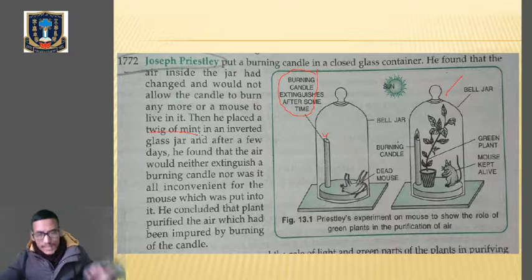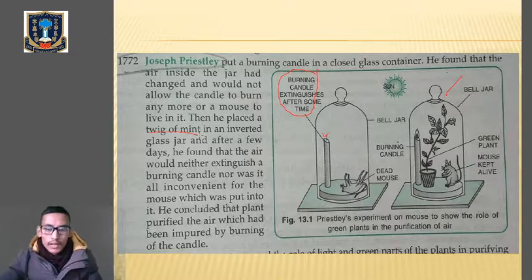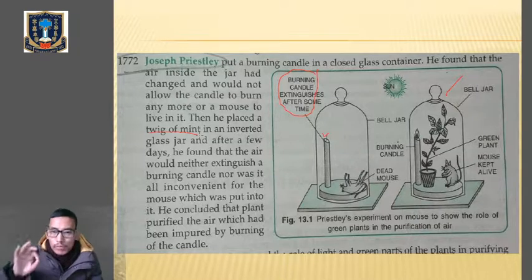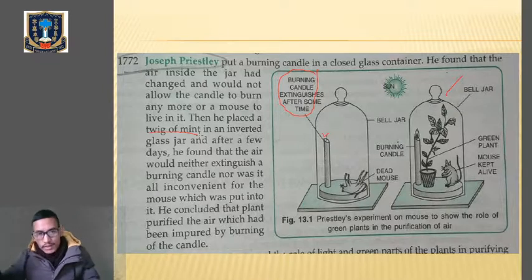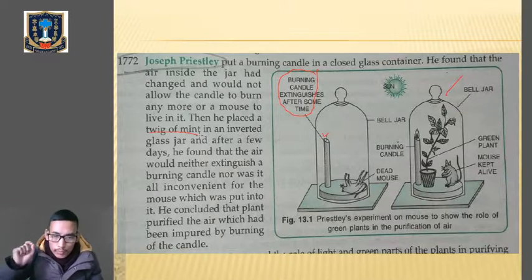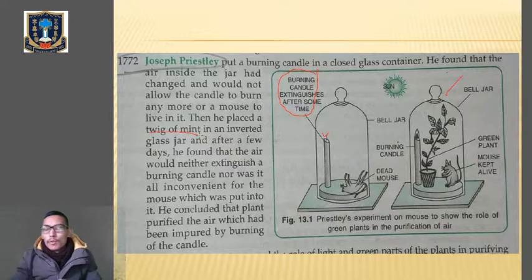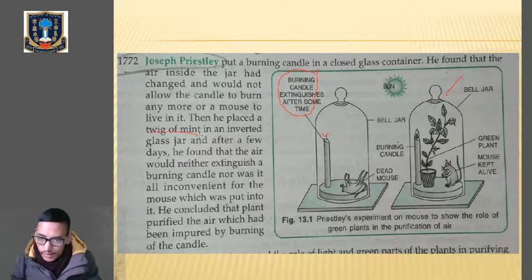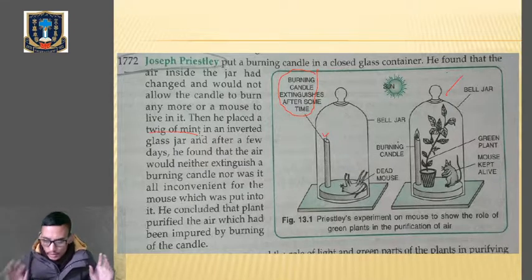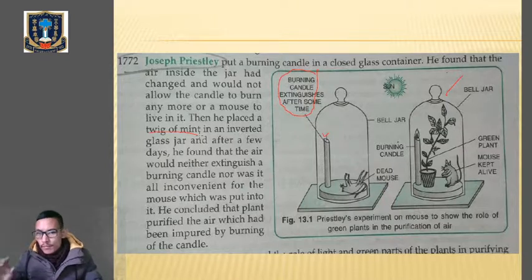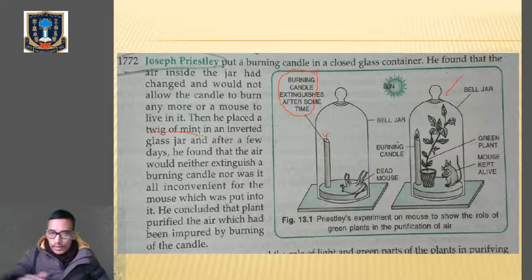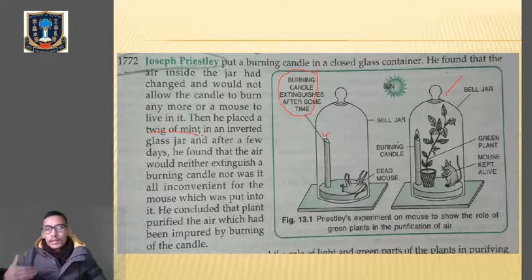So from this experiment he concluded that the plant, that means the twig of mint placed in the second glass container, used to purify the air which had been imbued by the burning candle. In the first glass container he simply put the burning candle and the mouse. The burning candle changed the quality of the air, due to which the mouse died, because the air was not being purified.